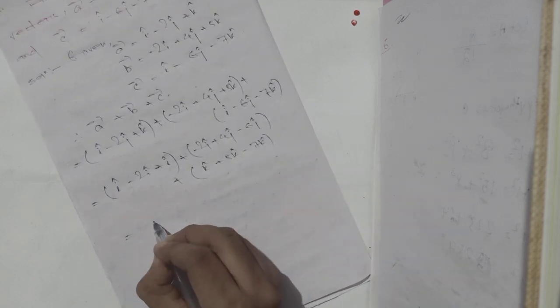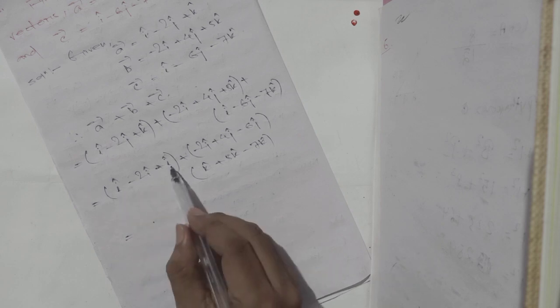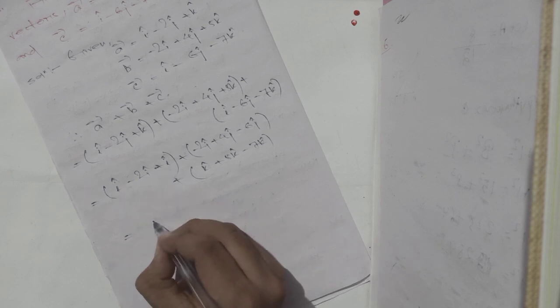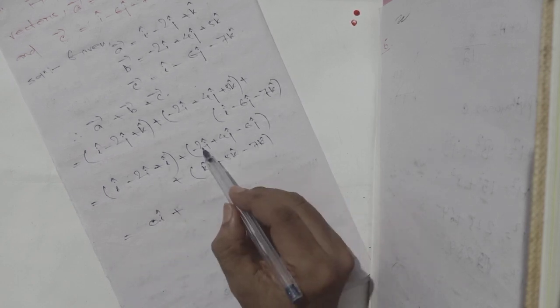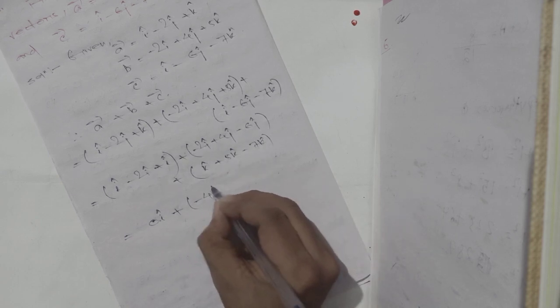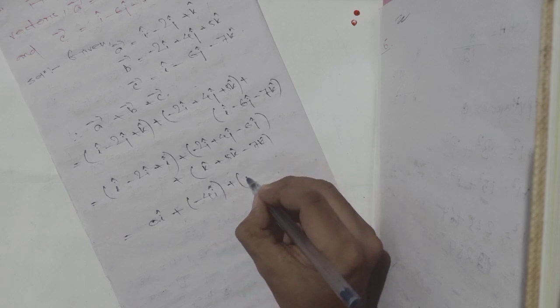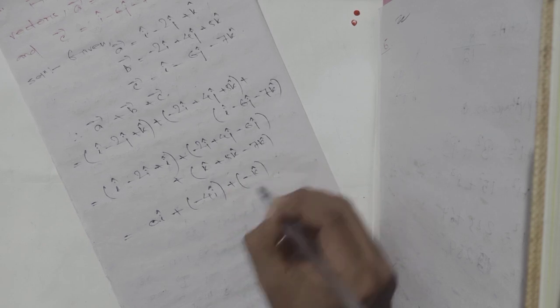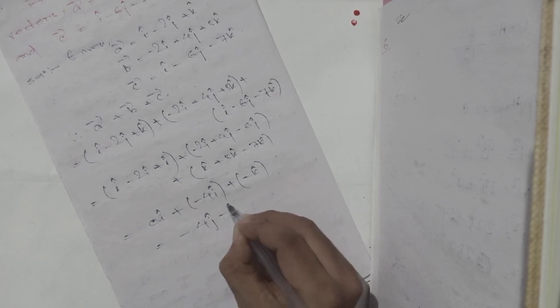Ultimately the answer will be 1 minus 2 plus 1 which is 0 I cap, plus minus 2 plus 4 minus 6 which is minus 4 j cap, plus 1 plus 5 minus 7 which is minus k cap. So the answer will be minus 4 j cap minus k cap.